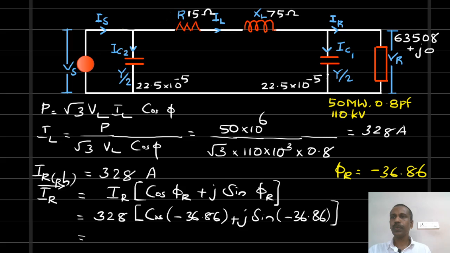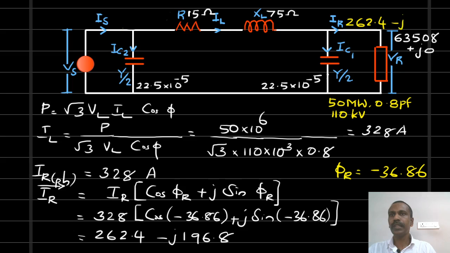So this is equal to 262.4 minus j 196.8. So this is our receiving end current. It is 262.4 minus j 196.8 amperes.